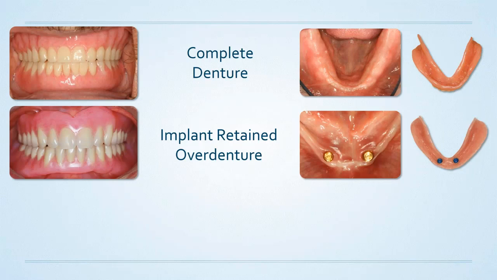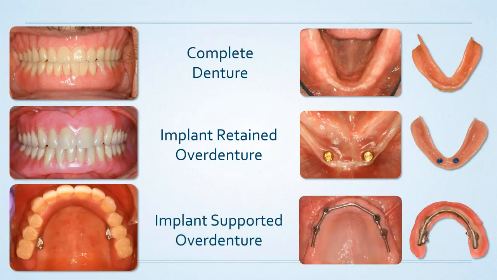Notice I do not call this an implant supported overdenture. This is an implant supported overdenture, something that is rigid, with multiple implants and very little movement of the actual prosthesis. Sometimes there's a series of locks, swivels, and plunger type attachments in place for these types of patients. However, all three of these are still removable.